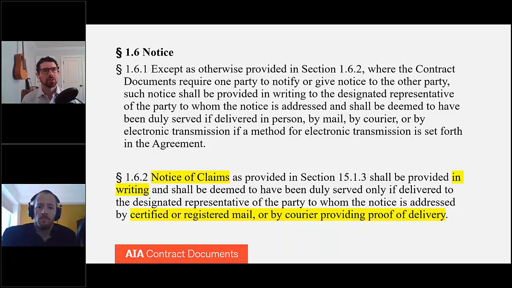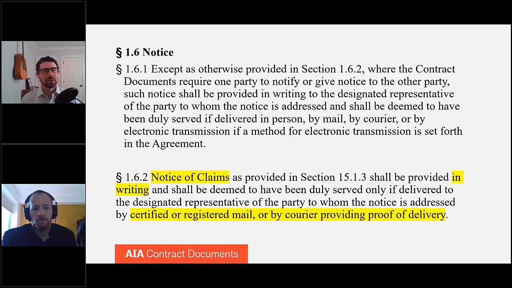So to give an example, if you're a project representative for an owner, you might receive 100 or 200 or 300 emails or text messages or in-person conversations every day about a particular project. You might be walking the project site, etc.